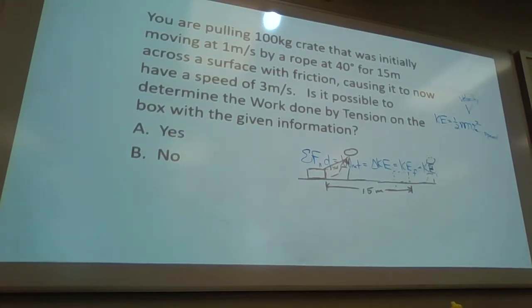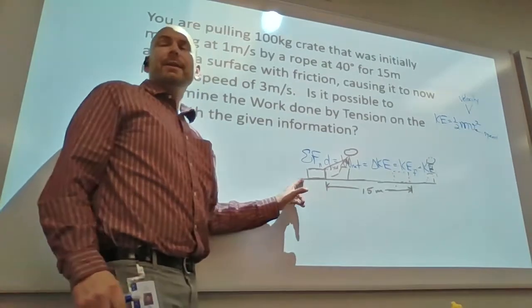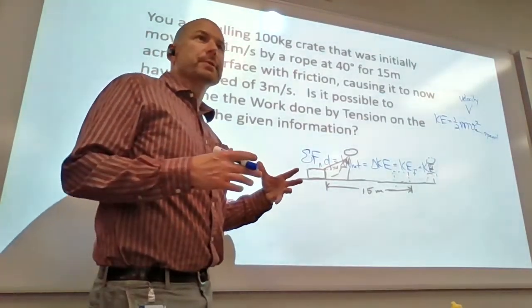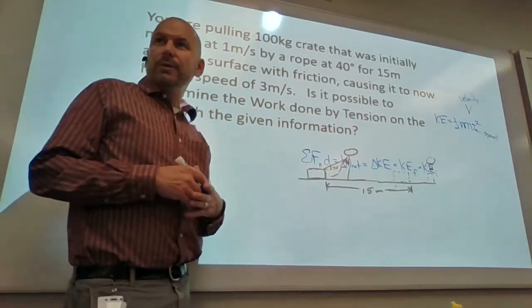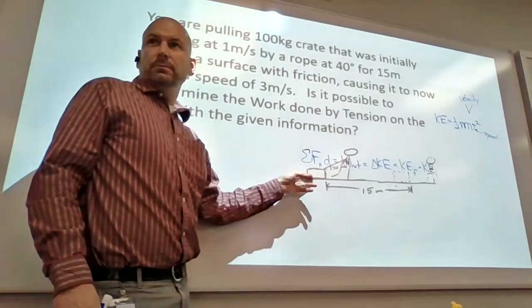Correct answer is? No go. What can you calculate? The net force. Okay? Please make a distinction between the total force and an individual force. This would work if only tension was acting on it.